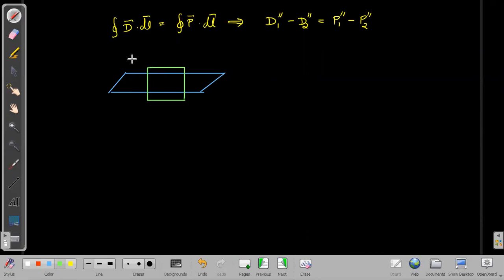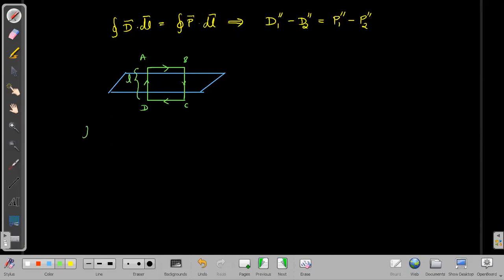Okay, so the closed loop, somewhere I can write A, B, C, D. So I have to integrate D over this closed loop. This AB is above the boundary, BC is passing through the boundary, CD is below the boundary, and DA. And suppose this is L.